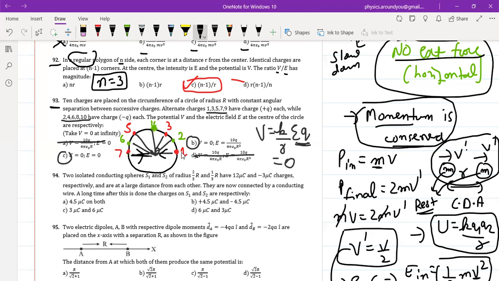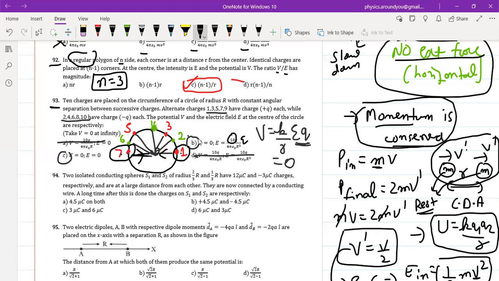Both charges have the same polarity, so the arrows will definitely cancel. Therefore, the electric field contribution is 0 from the first and the seventh charge. But look at the B option. In the B option, there is a 10 beside the charge Q. There are 10 charges, I agree, but I have already found out that the first and the seventh charge contribution is not there because the electric fields have cancelled.